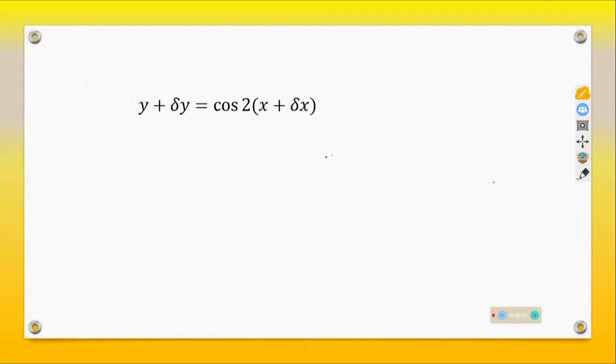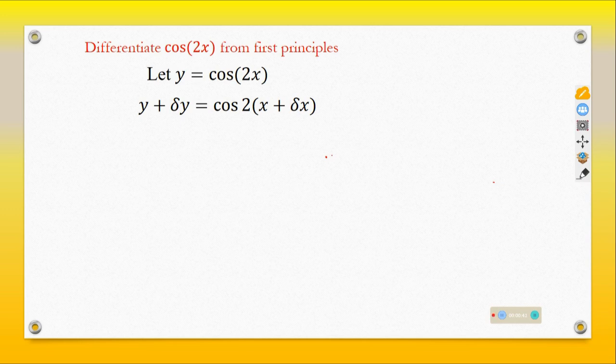So, to differentiate cos 2x from first principles, we shall first of all let y be equal to cos of 2x. Then an increment in x will bring about an increment in y, and for that case, we shall have y plus delta y is equal to cos of 2 into x plus delta x.